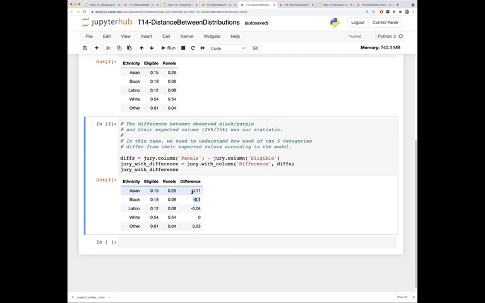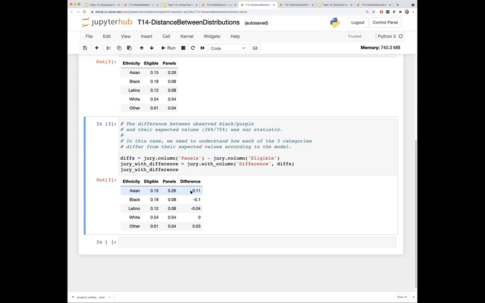And we know that because the difference column has to sum up to 0, the columns that have a negative difference are going to be the same size as the column that has the positive difference. And so that's exactly what we see here, right? On the positive side, we have plus 0.14. And then on the negative side, we have minus 0.14.